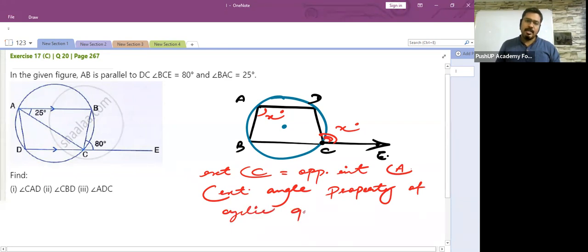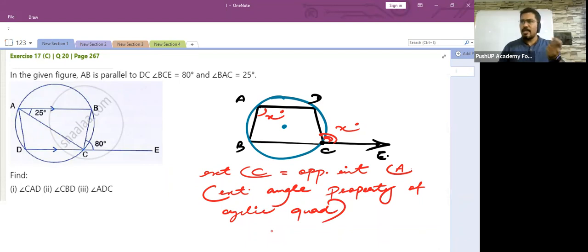Please do mention the name cyclic quadrilateral, otherwise they will not give you marks because there is an exterior angle property in a triangle also, isn't it? So don't get confused. This is the exterior angle property pertaining to a cyclic quadrilateral. That name cyclic quadrilateral should be mentioned.